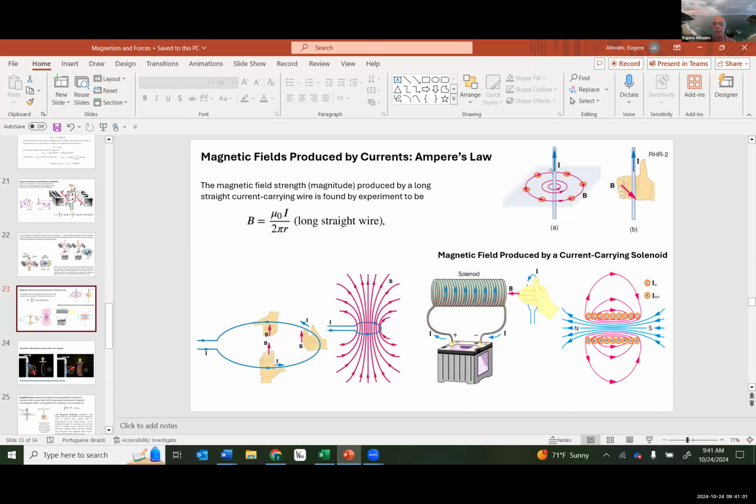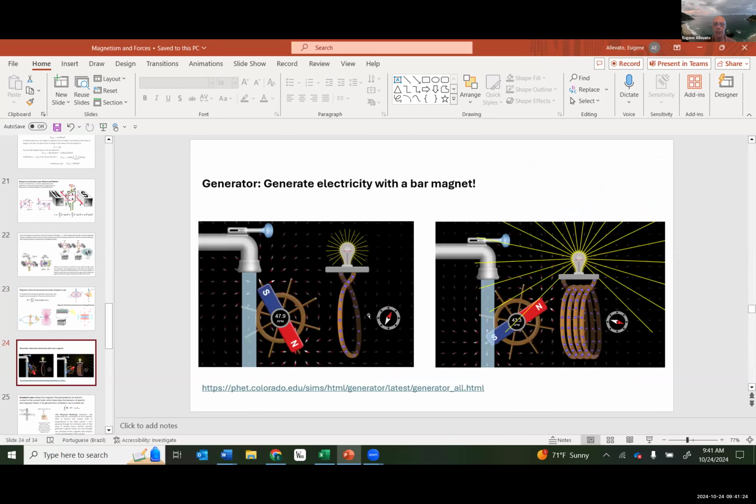So if I increase the current, and you saw that also on the simulation, as I increase the current, the intensity of the light increases, the magnetic field increases, so the light. You can visualize that with that simulation.